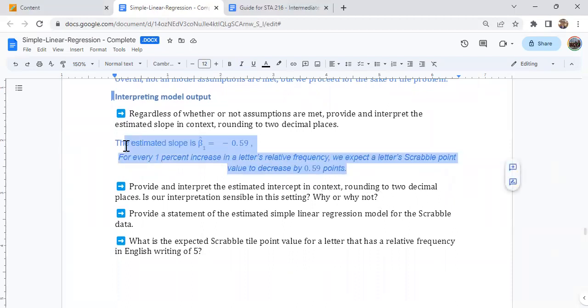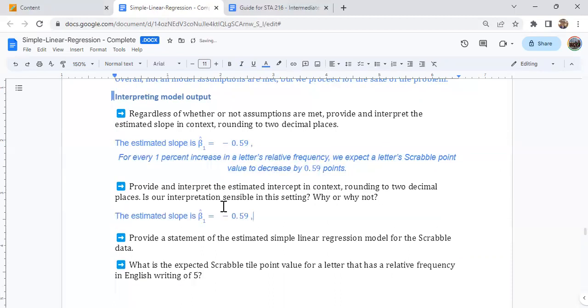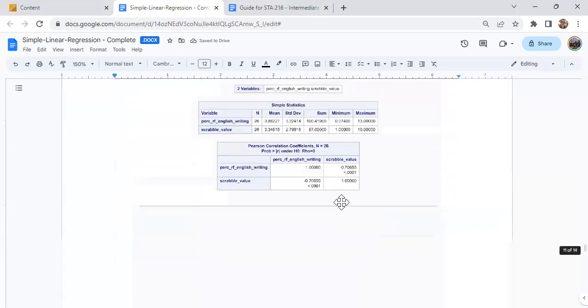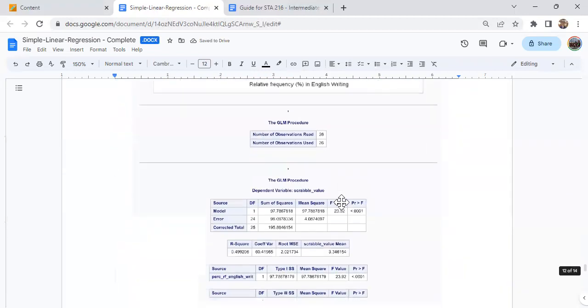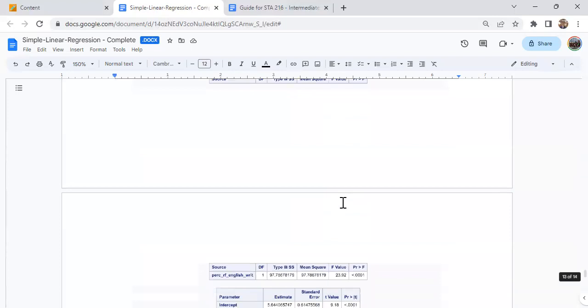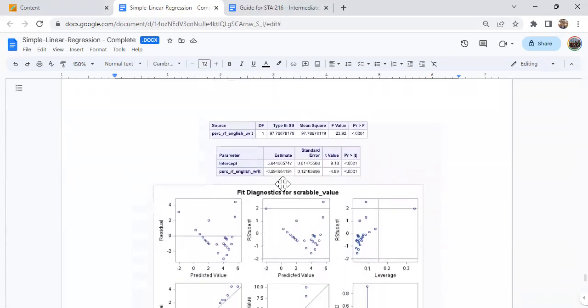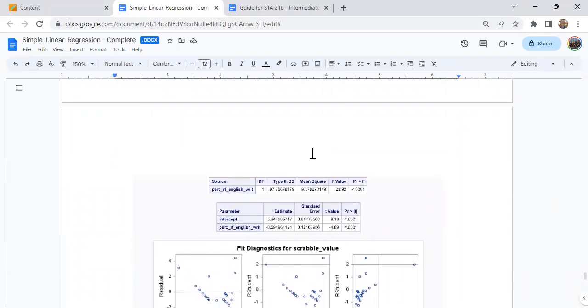So let's do a similar thing for the intercept. The intercept we denote with beta 0, beta hat 0. What is our estimated intercept? As we look at the intercept column, it's 5.64, right there.